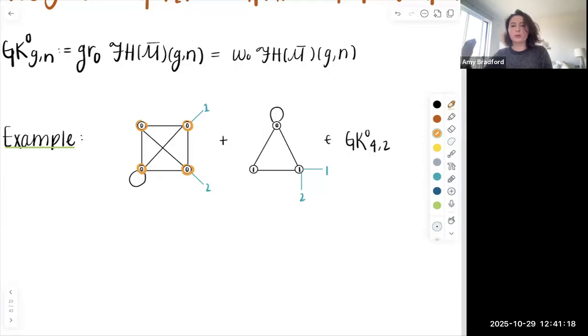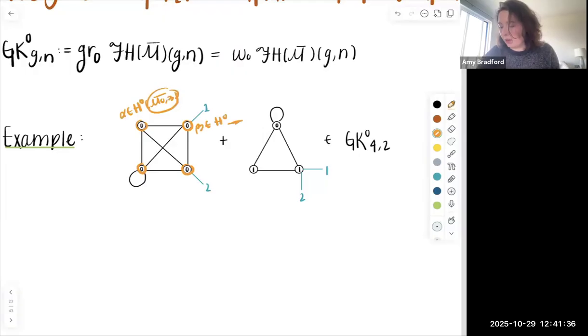There's only one possible thing that I can do. I can only put elements of H0 on here. So for every single vertex, the decoration is going to be an H0 of one of these MGN bars.